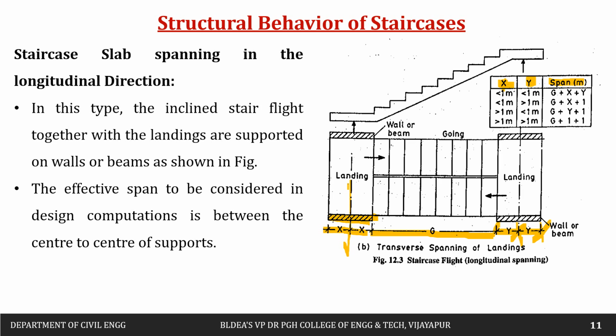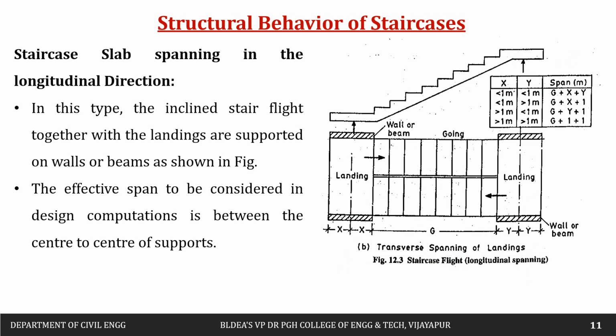Then next, how to calculate the span length? If this x value is less than 1 meter and y value is less than 1 meter, then the span will be the center to center distance, that is going plus x plus y.